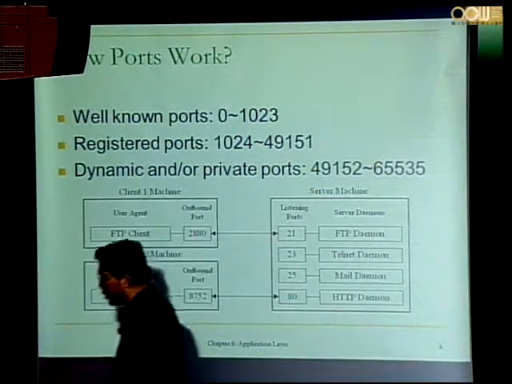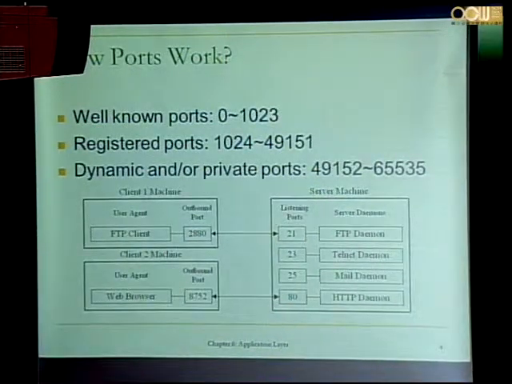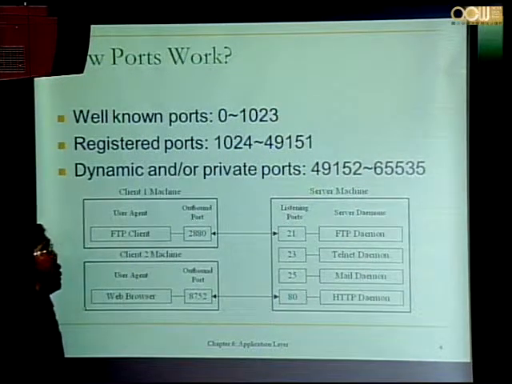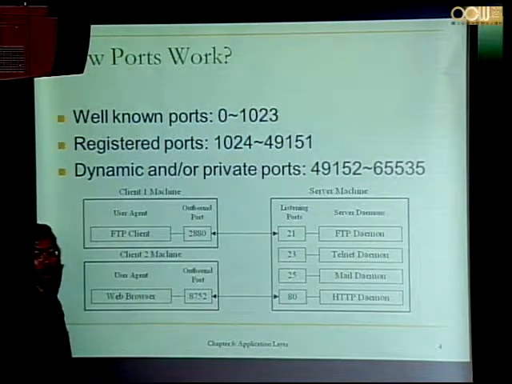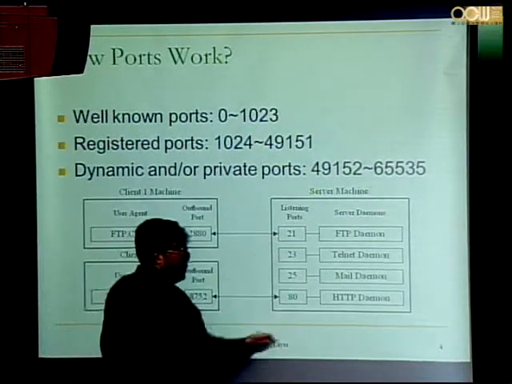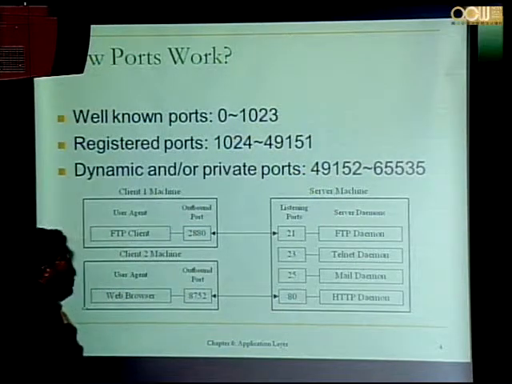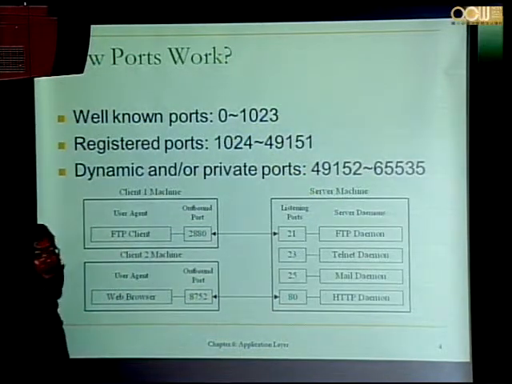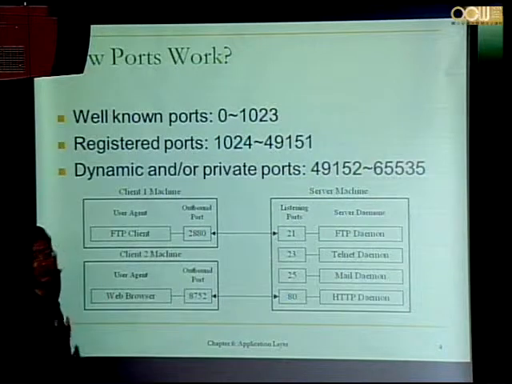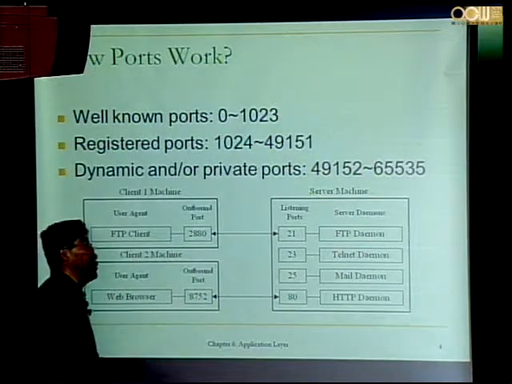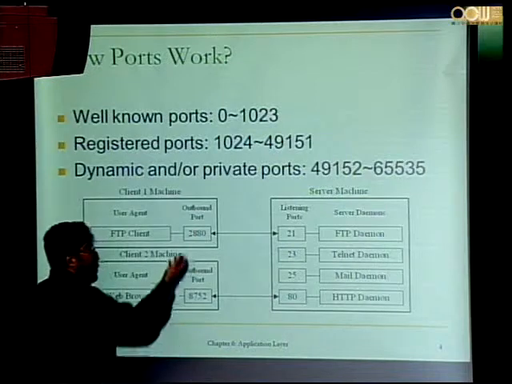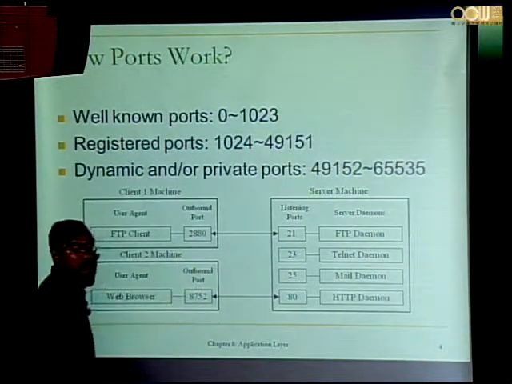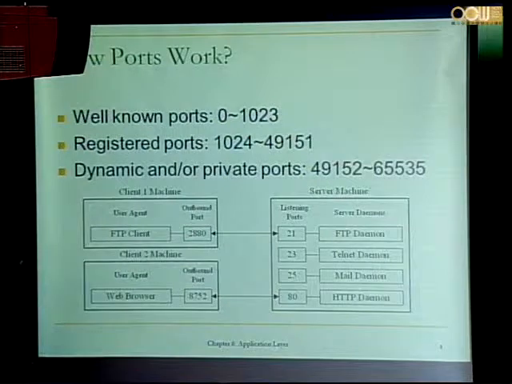Because they are well known, the client will know where the servers are by their IP address and port number. And the client would also have an IP address and port number, but the port number is dynamic. It doesn't really matter what number it is, and usually the kernel picks a number for this particular client.